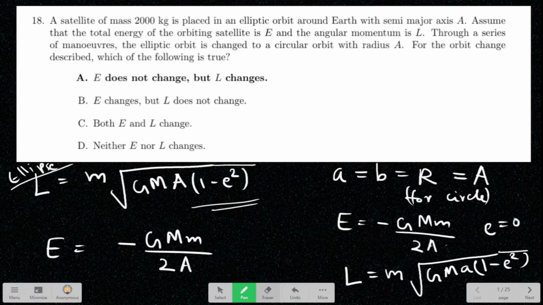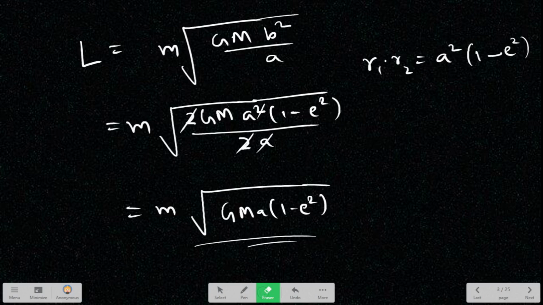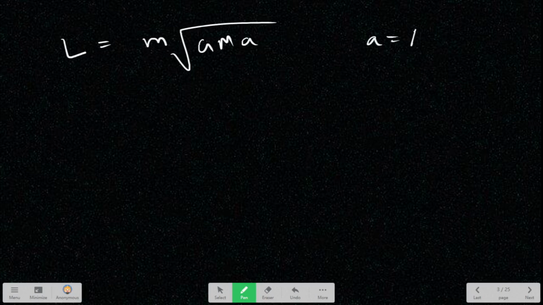So L will become equal to m into root of GMA, and A is equal to capital A because the semi-major axis is equal to the radius for a circle. So this is equal to m into root of GMA.